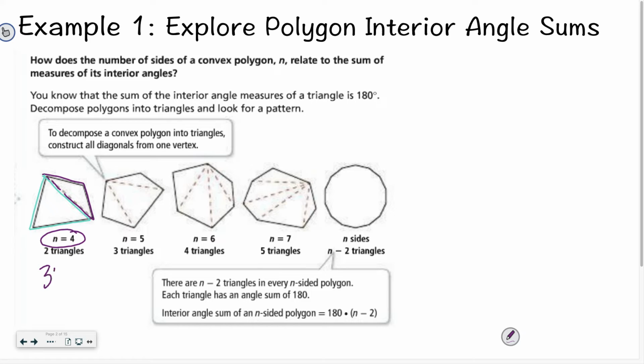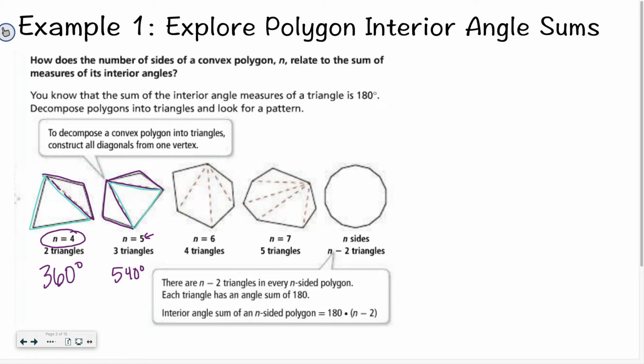So I know that a quadrilateral would have 360 degrees. Then, if a polygon has 5 sides, I could break it up into 3 different triangles. And so then I would do 180 times 3. And 180 times 3 would give me 540.